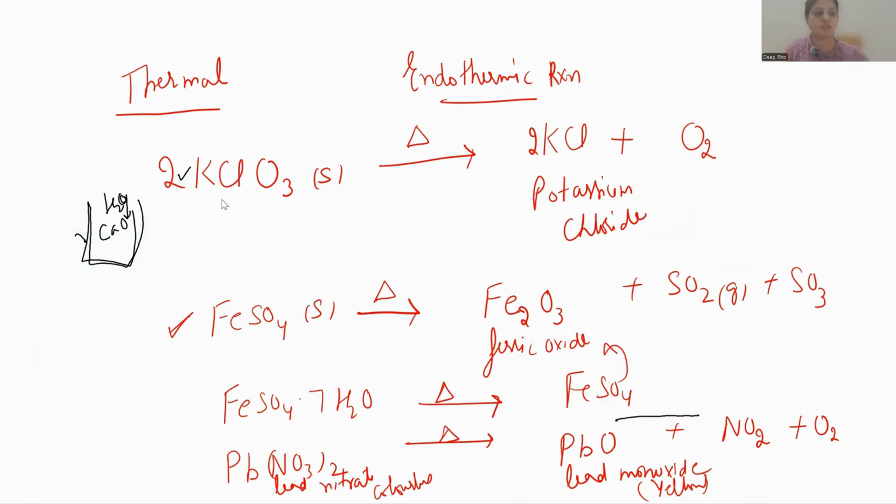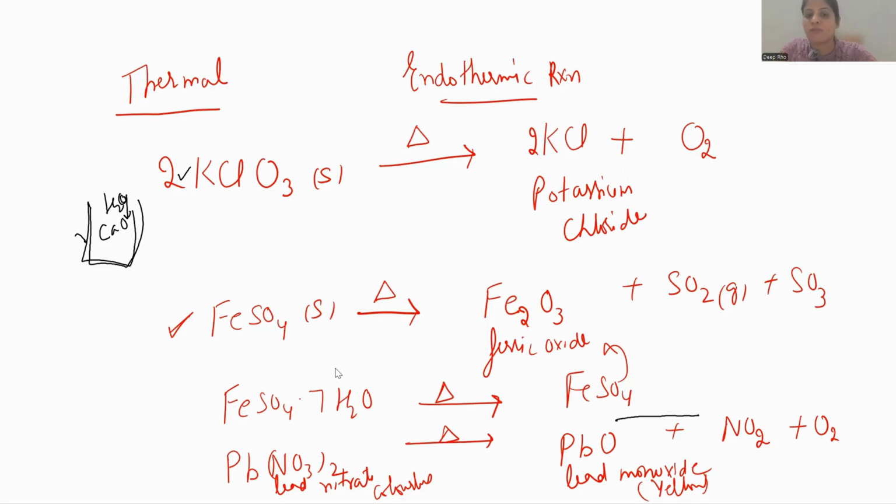Let's do an example of thermal decomposition. Potassium chlorate, KClO3, is decomposed into potassium chloride along with the formation of oxygen, with the help of heat. Heat is absorbed, endothermic reaction.